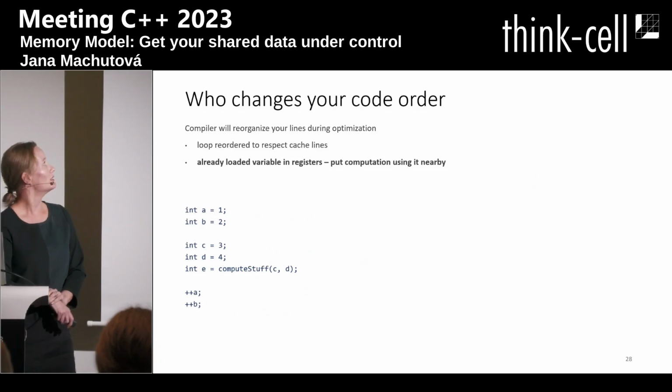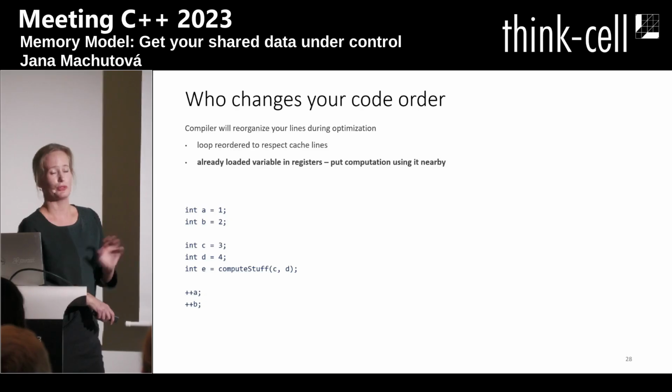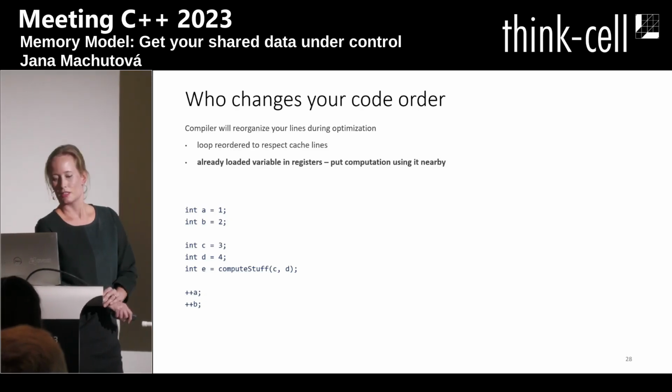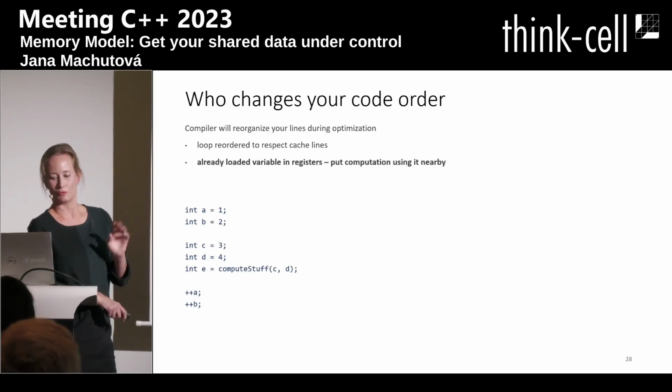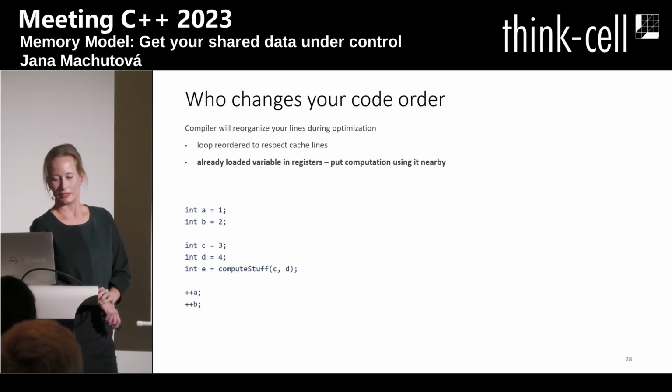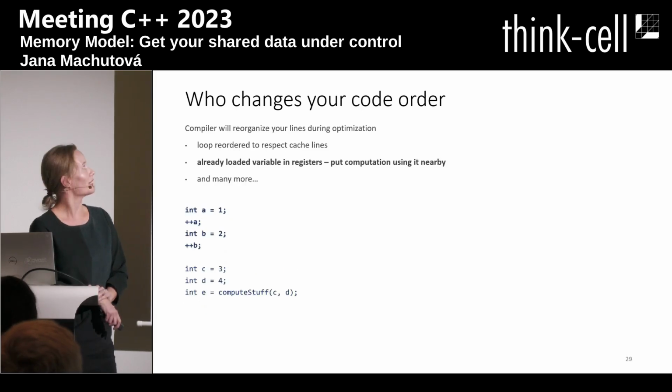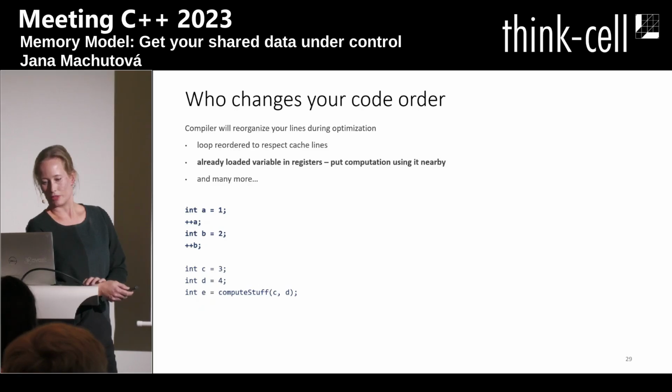The second example: when you have a value in a register, you want to use it before you lose it. So here you are loading A and B, then doing some computation, and after that using A and B. What will really happen? Those usages will be coupled to actually use the value which is already loaded, so as not to force loading it again and again while it is lost.